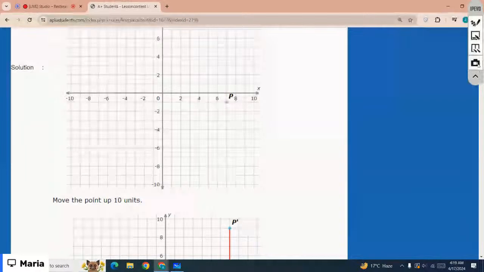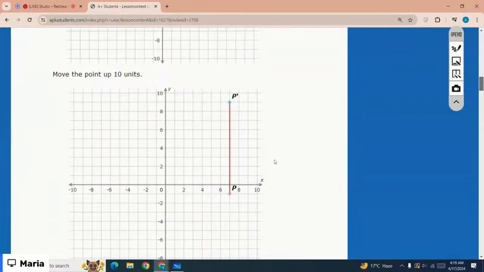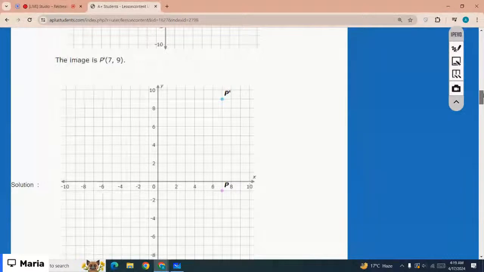You can see here, hold on. This is just the tutorial. You can see the point is moved from here to here. The coordinates are 7 and 9, sorry, not 7 and 8. They are 7 and 9. That is the coordinates of the translated image.